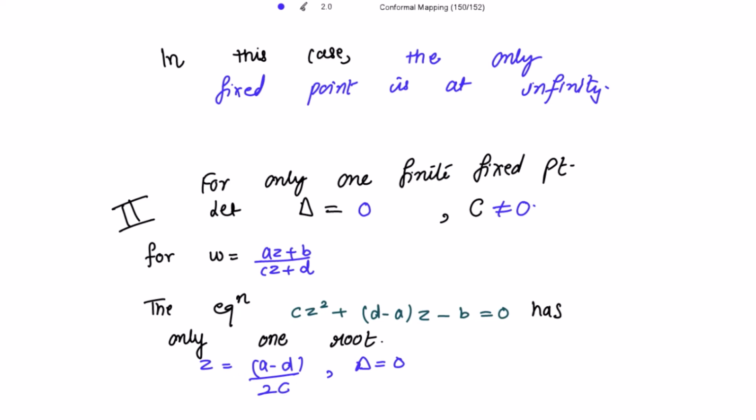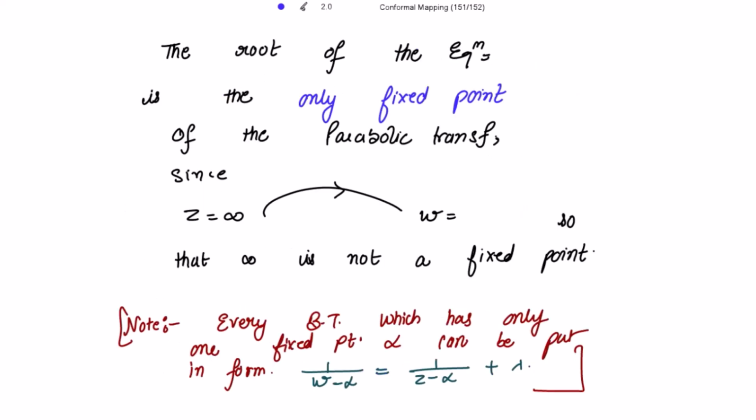Let's name this fixed point alpha. So alpha is equal to A minus D over 2C. This is the only finite fixed point of the parabolic transformation.